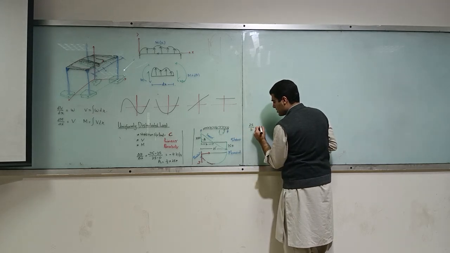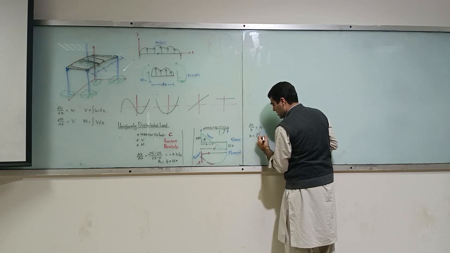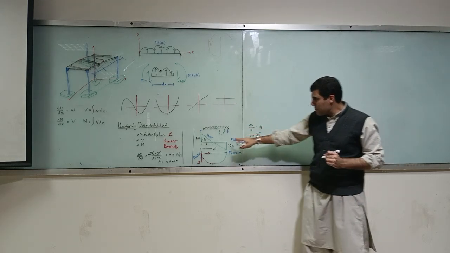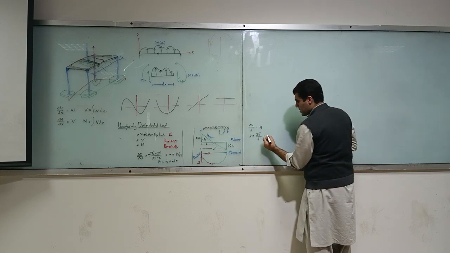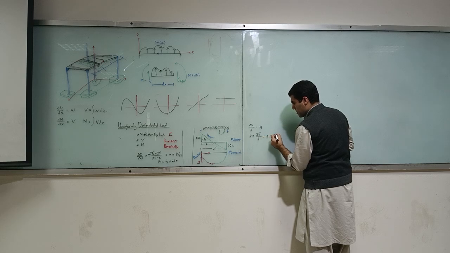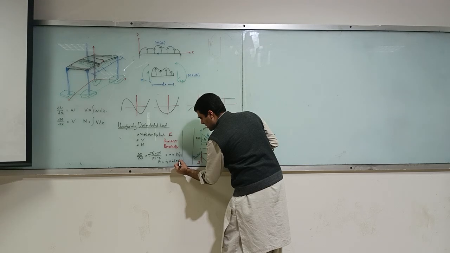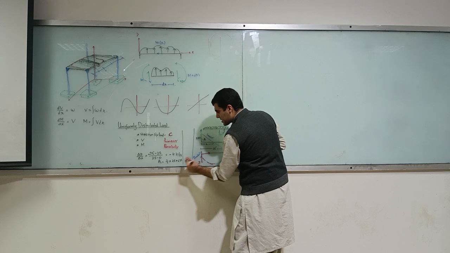If you divide 25 by 4, how much? Can I write 25 by B is equal to this slope? 6.25. So I can write, and I can find out the area of this triangle.